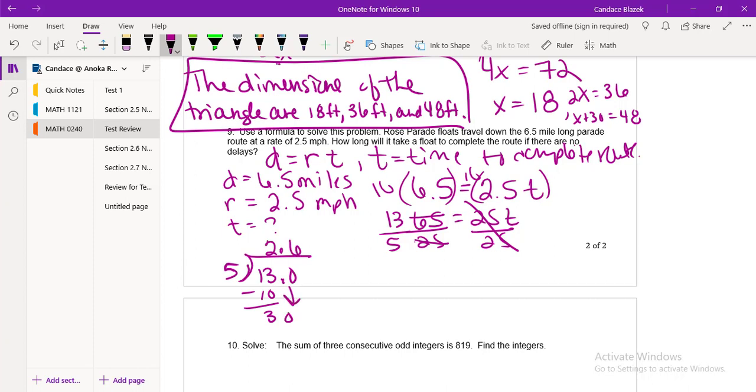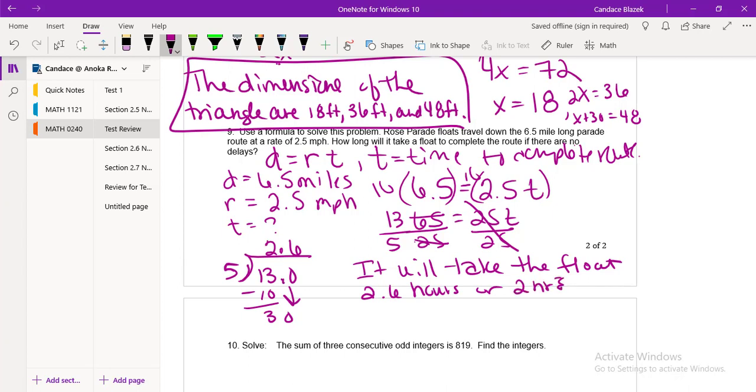So it will take the float 2.6 hours, or 2 hours and 30 minutes, to complete the route.